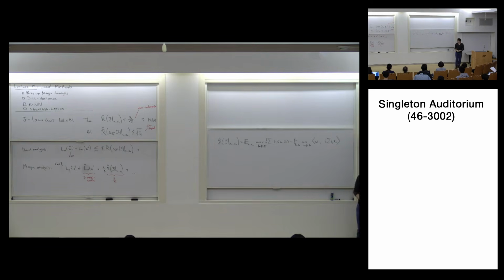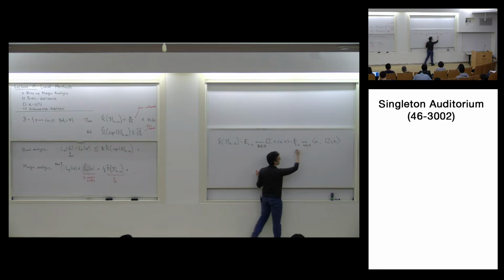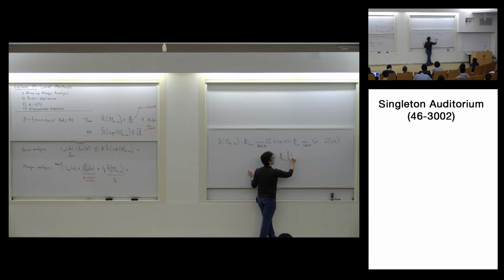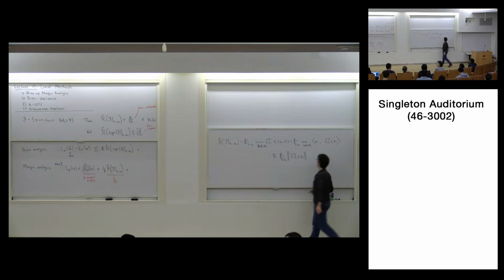Now it's a little bit different. But again, the analysis is the same. So we get that this is a definition of a dual norm. I can pull the scaling B out and just have this w bounded by 1. So I get B times the expectation over epsilon 1 through epsilon n of the norm of 1 over n sum epsilon i xi. That's the L2 norm, the Euclidean norm.